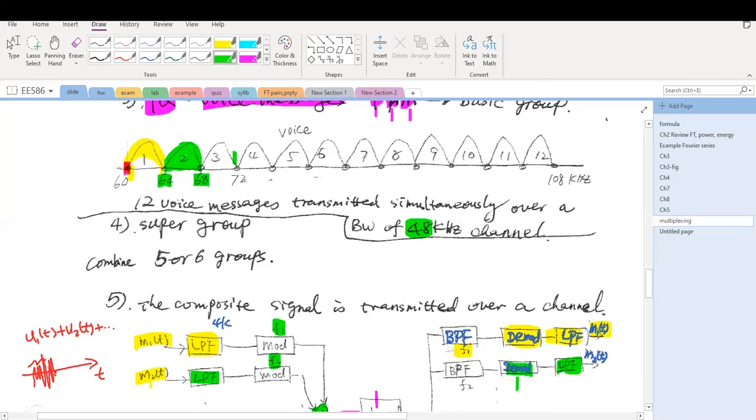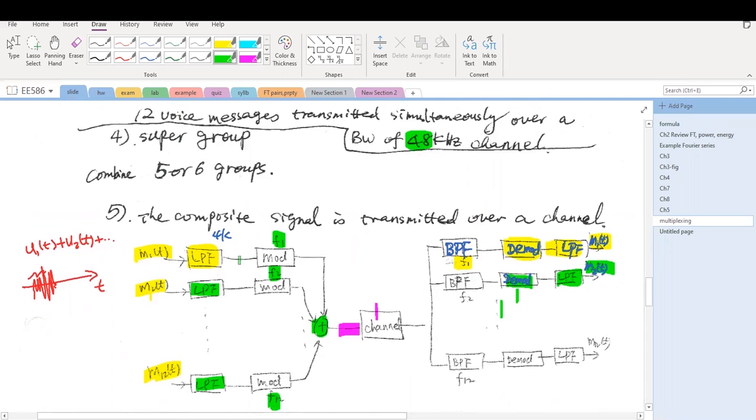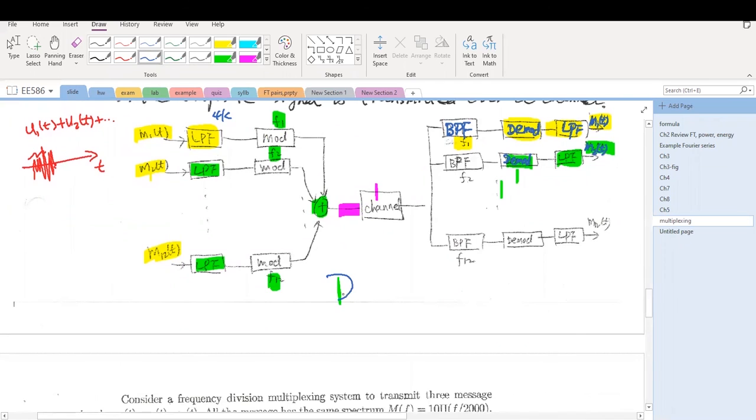Then we pass it through a low pass filter and obtain the message for the second user. We do the same thing for all the users. This is how the frequency division multiplexing system works. This is the diagram. Not a waveform, not a spectrum, it's called a diagram.